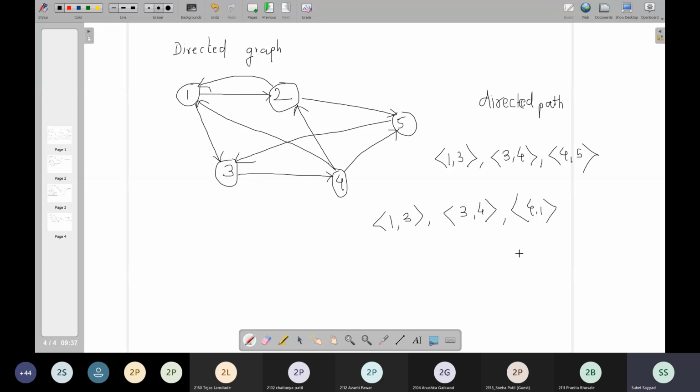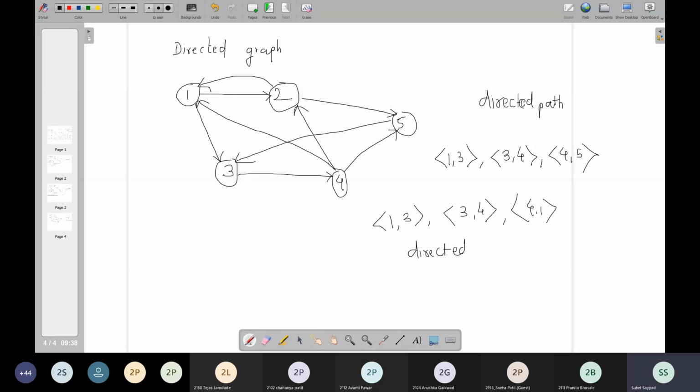Now this directed path, from 1 to 3, 3 to 4 and 4 to 1, has the source vertex and destination vertex the same, that is 1 and 1. So this directed path where source and destination are the same can be termed a directed cycle.